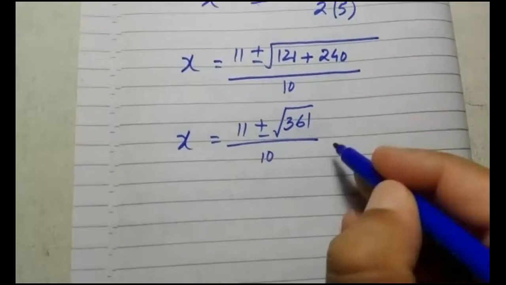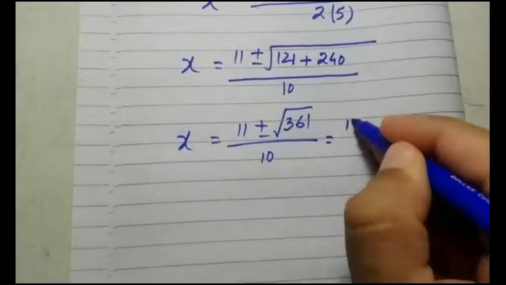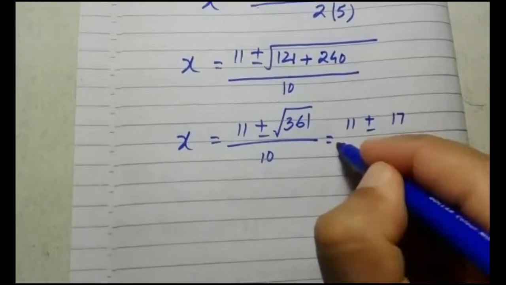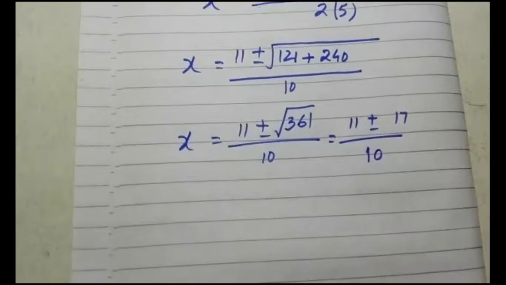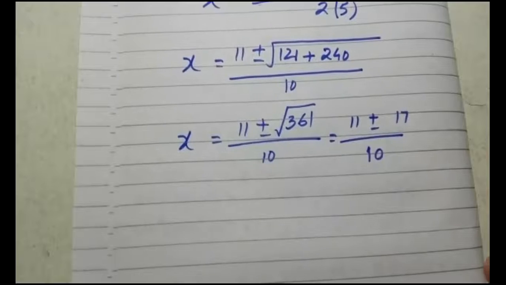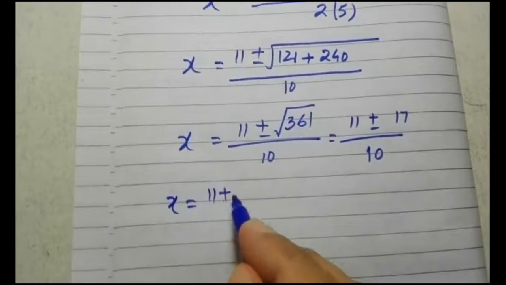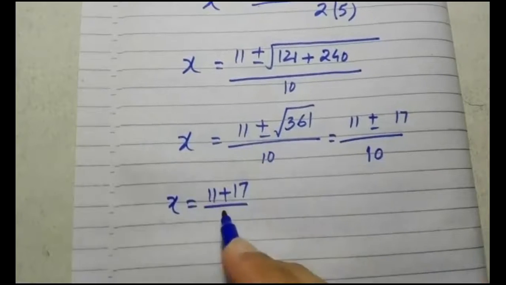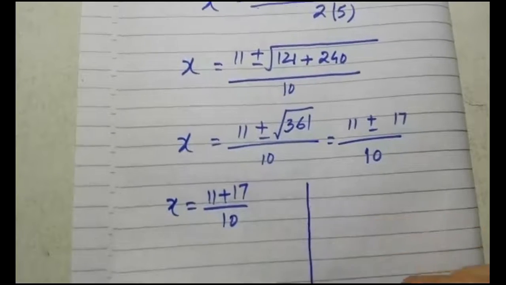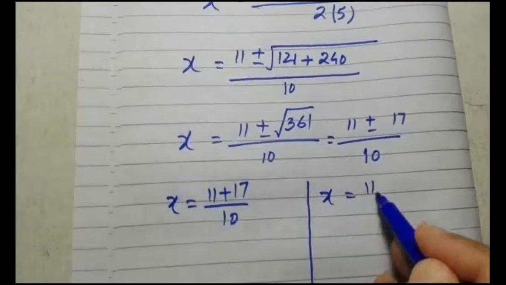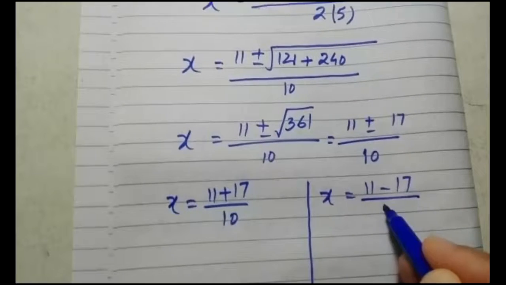Now 361, I think this is the square root of 17, divided by 10. Now we will simplify it by separating one time positive, one time negative, like this one. 11 minus 17 divided by 10.